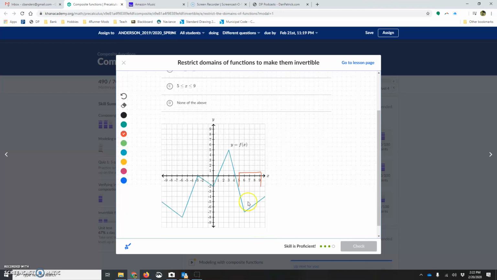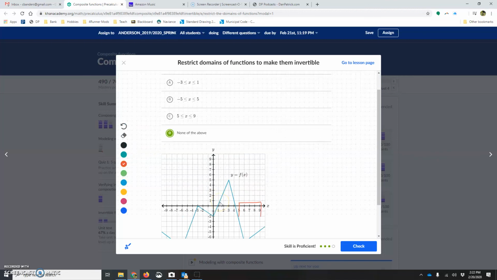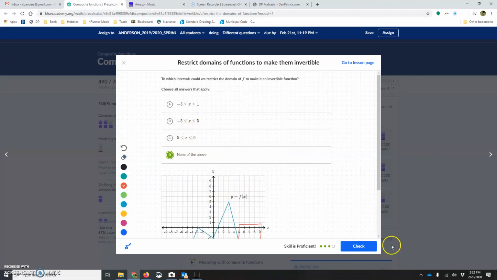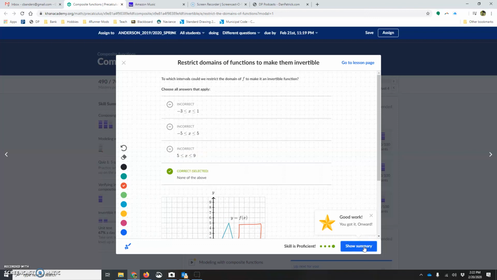So draw down here, but if this box went all the way down, this would also fail the line test from 5 to 9. So there's no answer here. At least no options. We could restrict certain portions of this graph to make it a possible invertible graph, but what they gave us, these options up here, none of the options are actually true. And there we are. We're done.